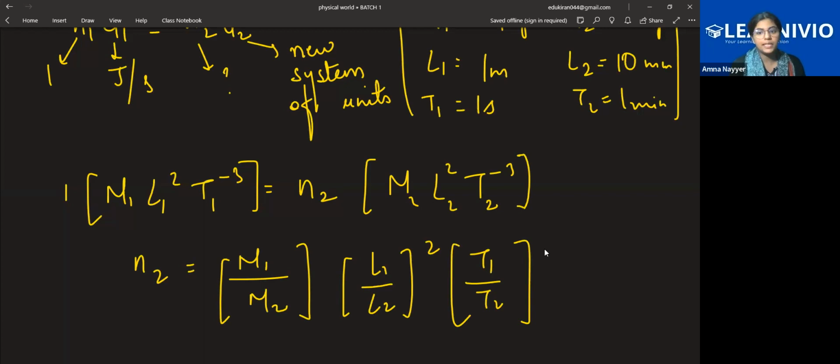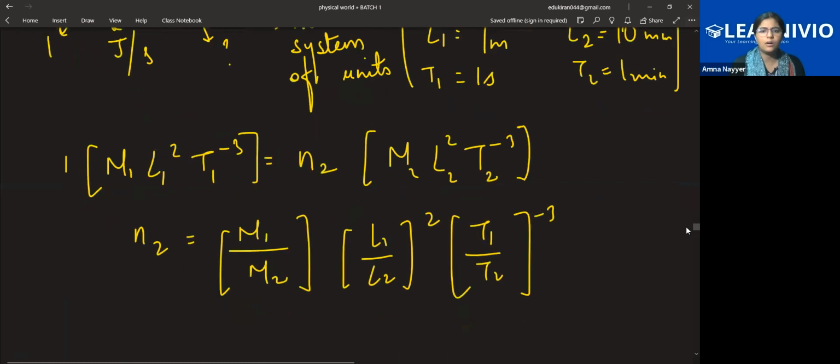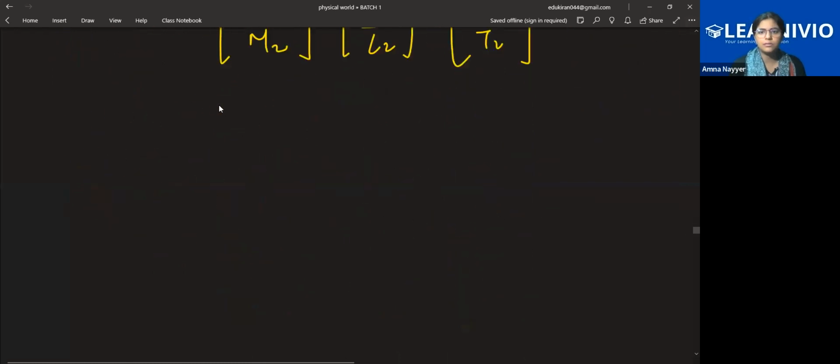Now let us substitute. These M1 values are normal. So M1 will become 1 kg only, but M2 is given as 100 grams. L1 is given as 1 meter.